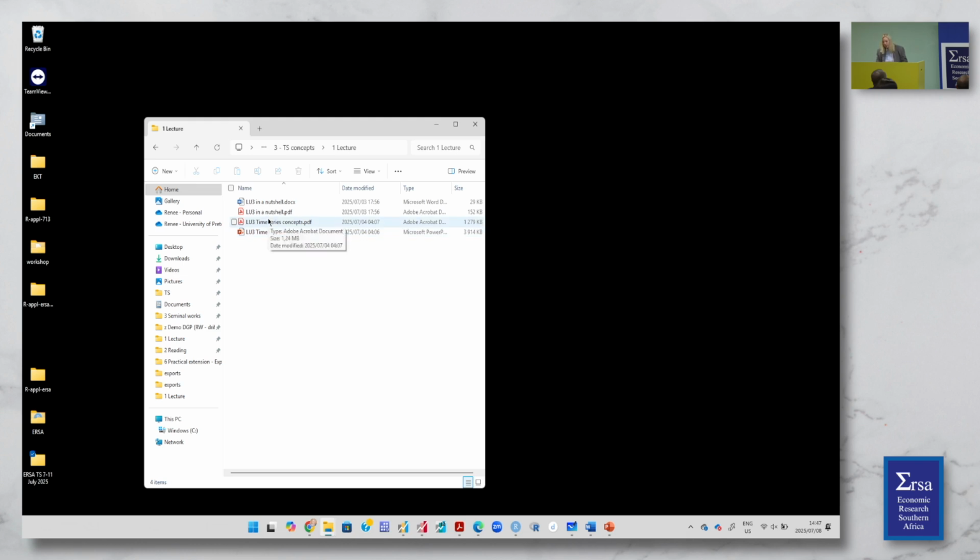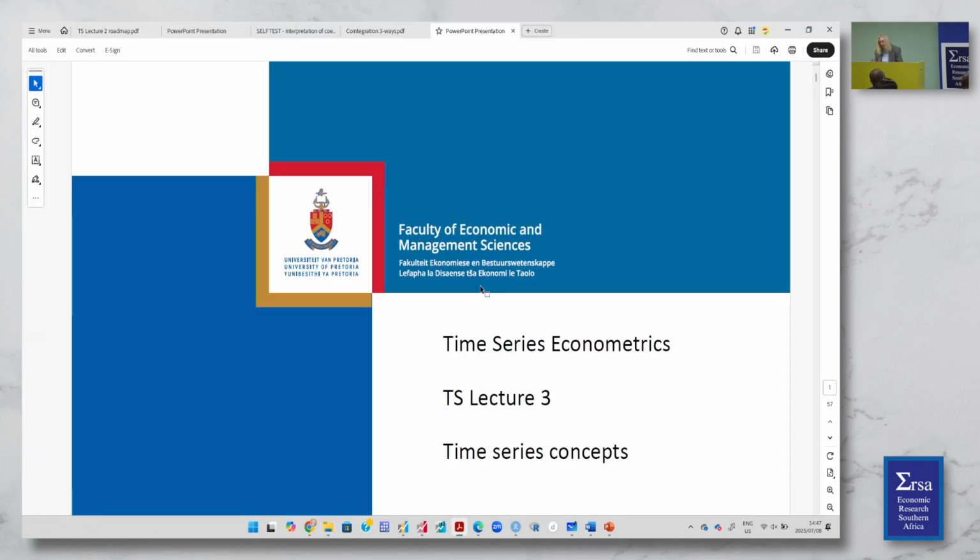Which one should I open now? When we're done here, then we do the unit root tests.